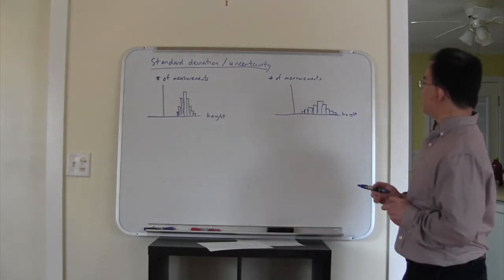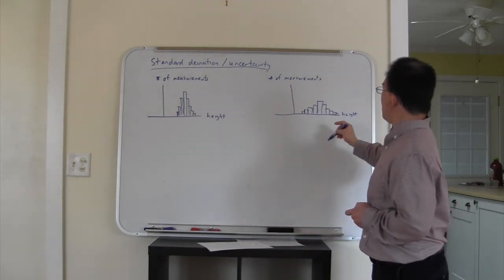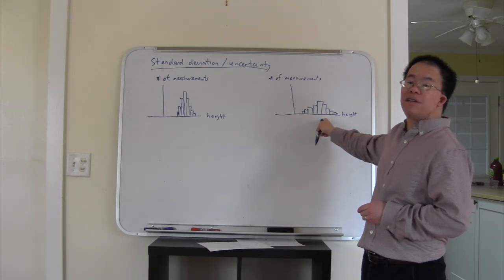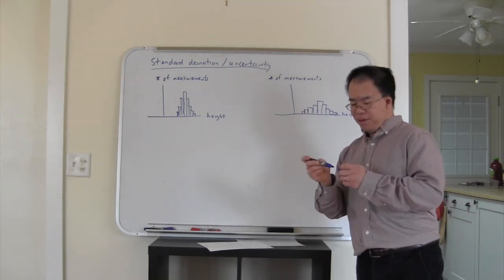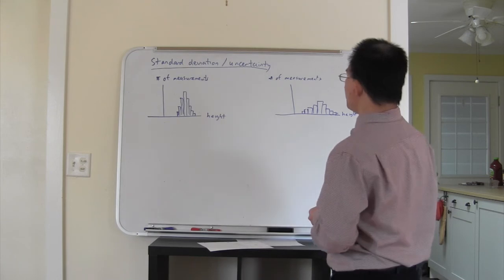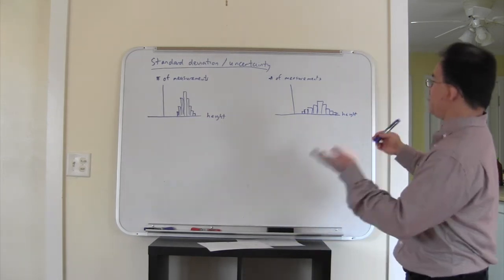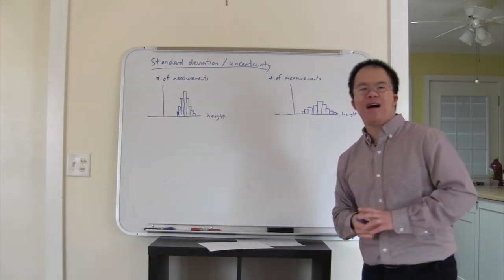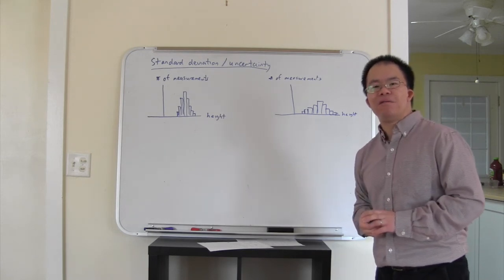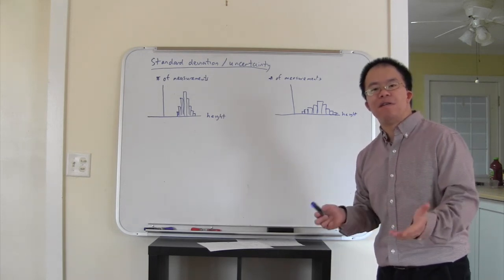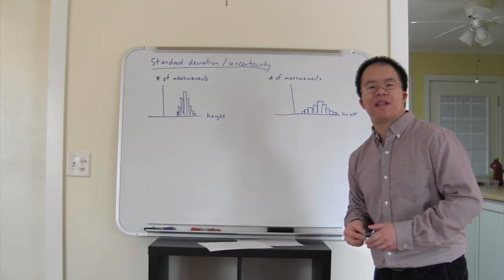And I think you can visually see that the distribution here is wider than the one on the left. Now, they might still have the same sort of average, if I sort of eyeball this value, but they're clearly different in their widths.